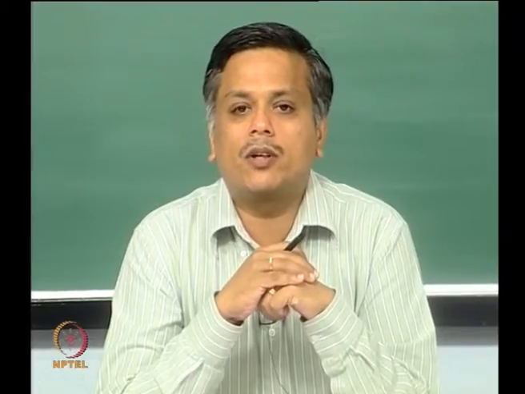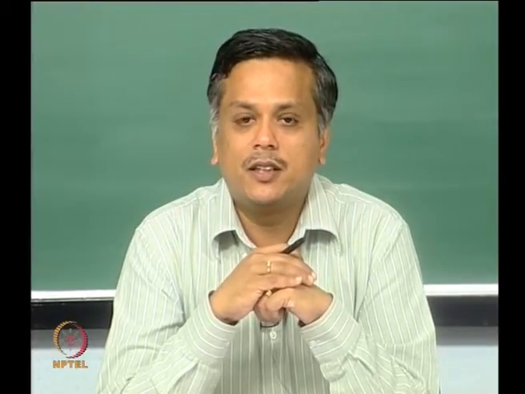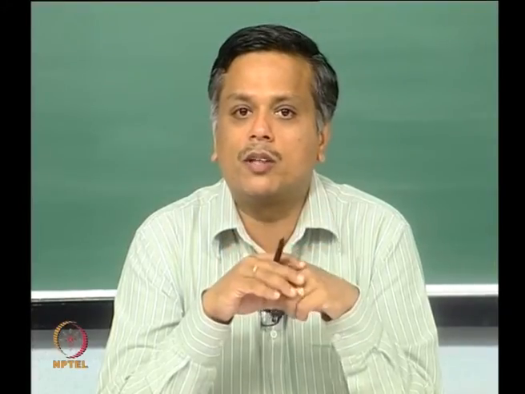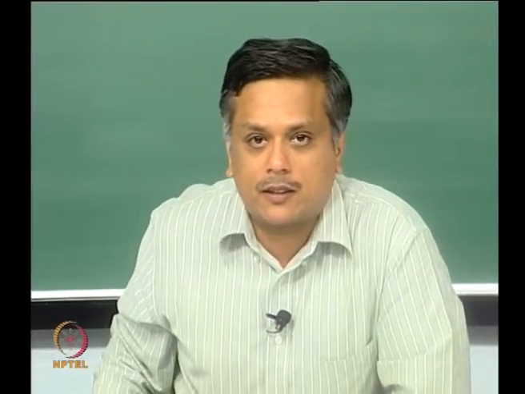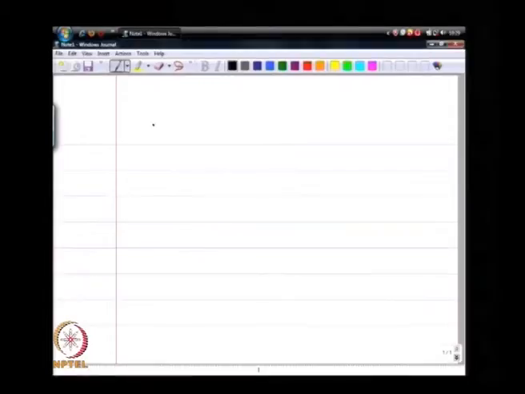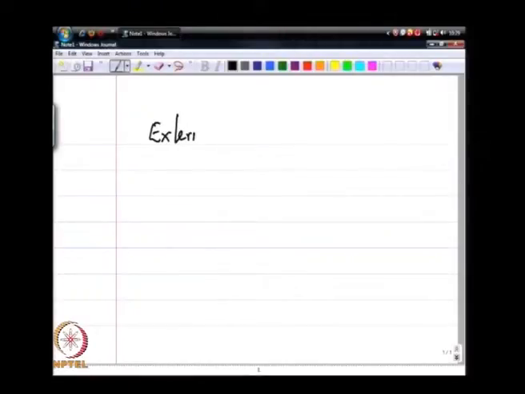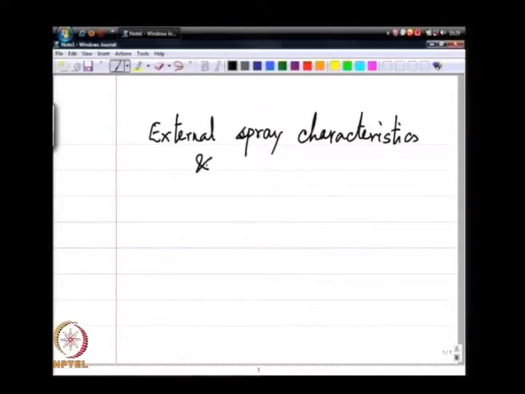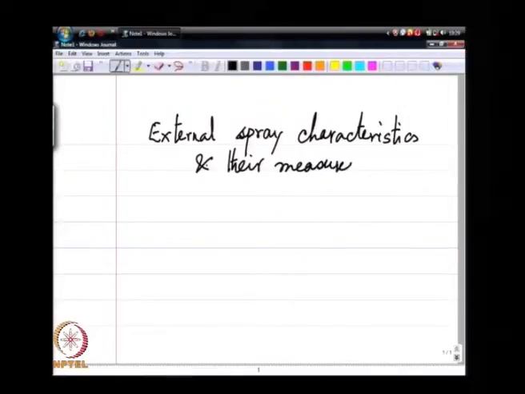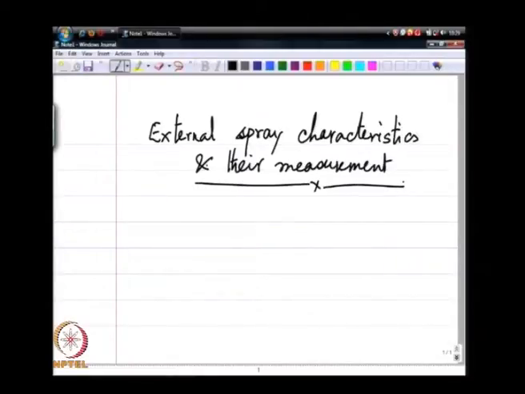Welcome back. We are going to continue our discussion of sprays and atomization, but we are going to move on to a few more practical aspects and look at external spray characteristics and their measurement.